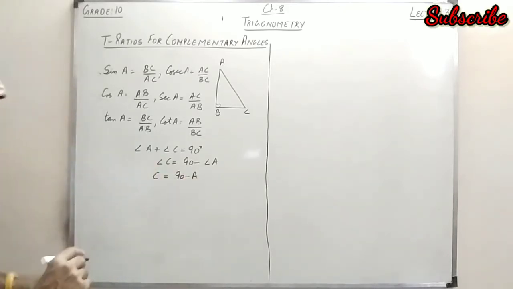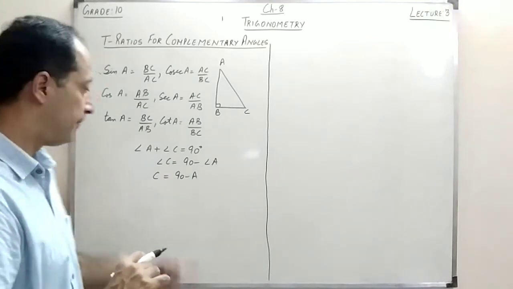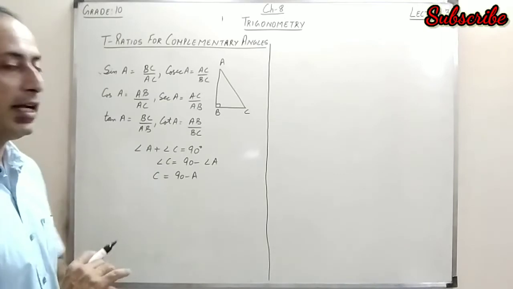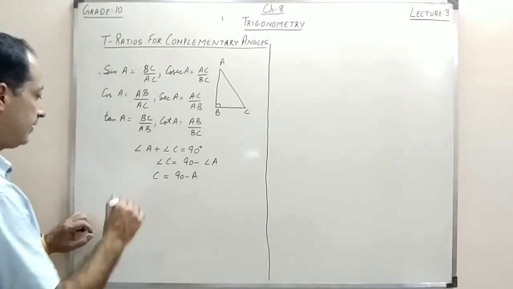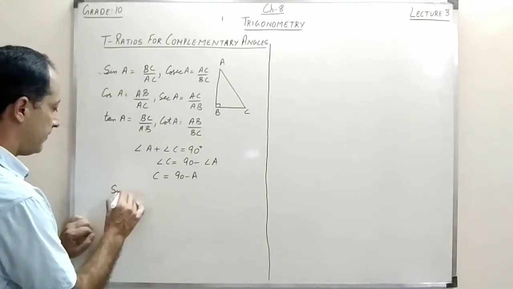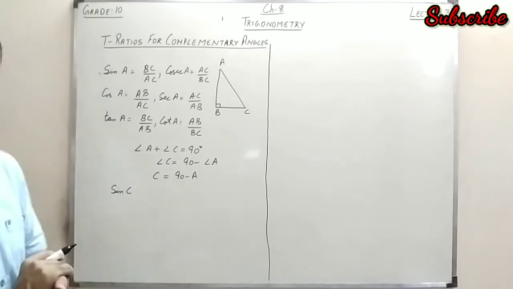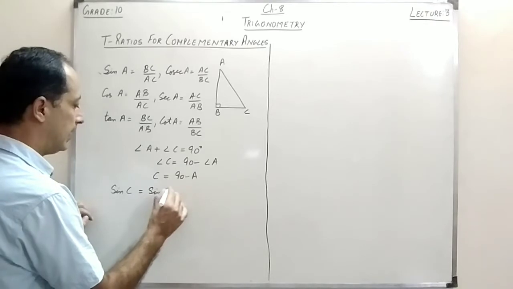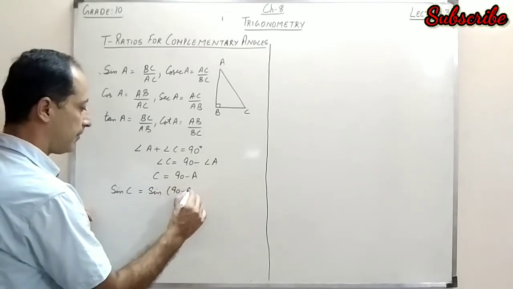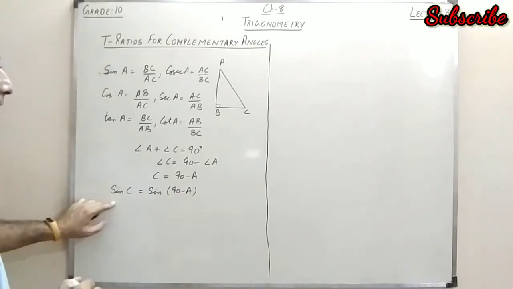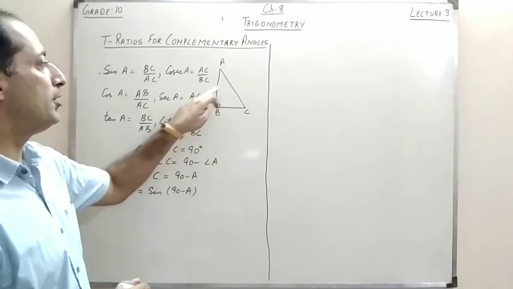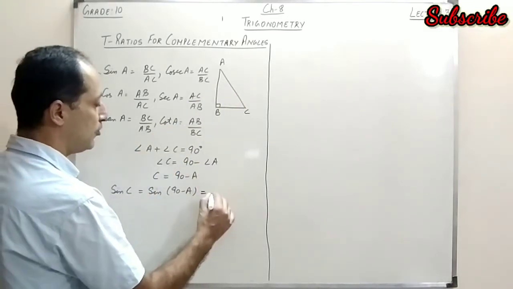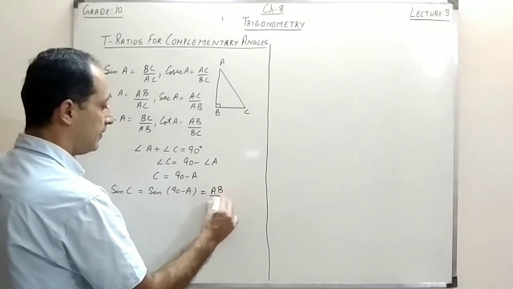Now, if I have to find the values of the t-ratios with respect to angle C, I will write sine of C, or I can also write this as sine of 90 minus A. Now, sine A is opposite upon hypotenuse, so sine C or sine 90 minus A equals AB by AC.